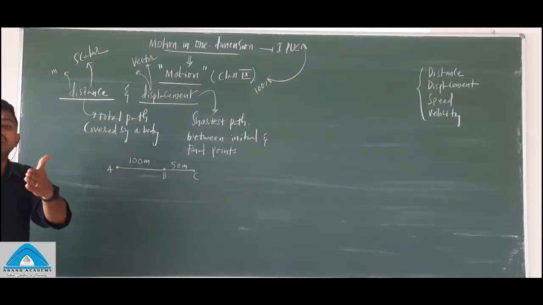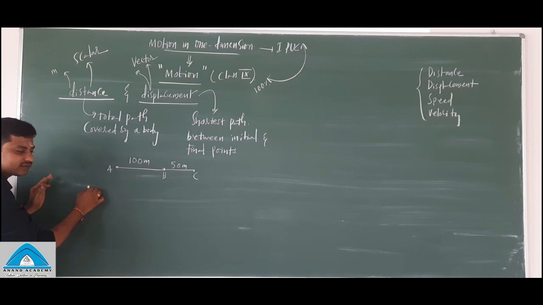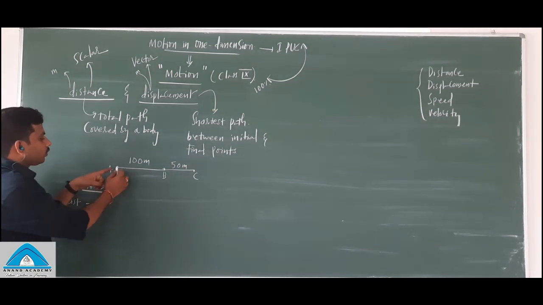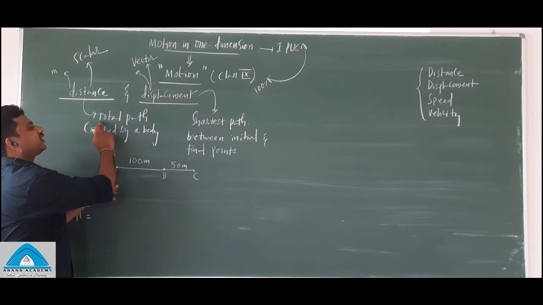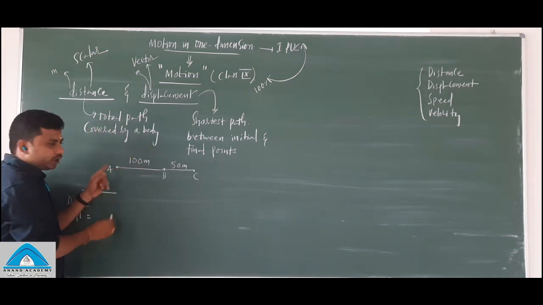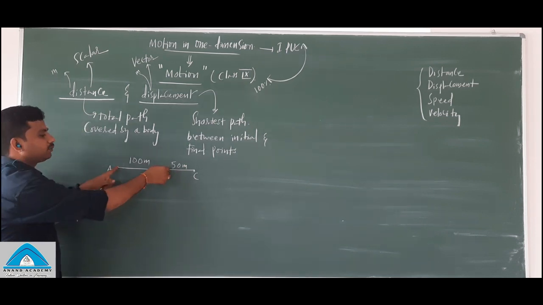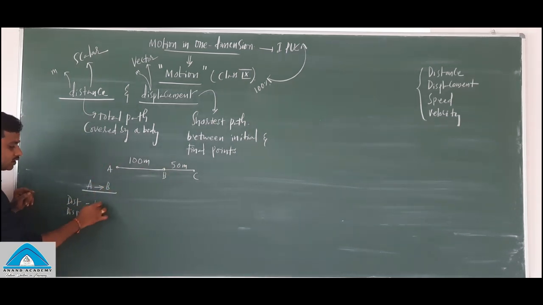Now I am going to find the distance and displacement in different cases. The first case I am considering is from A to B. What is the distance and displacement from A to B? The distance is the total path covered by the body, which from here to here is 100 meters.